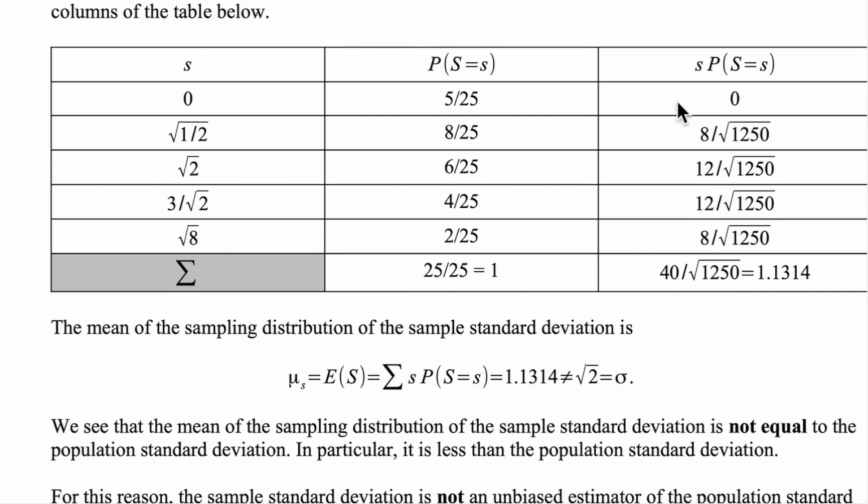What I've done is added a third column to help organize my work. I'm just taking products of the values in the first two columns for each of the 5 rows, putting those values in this last column, and then I add those up to get this sum, and that gives me the mean of the sampling distribution of the sample standard deviation. Rounded to 4 decimal places, that's equal to 1.1314.